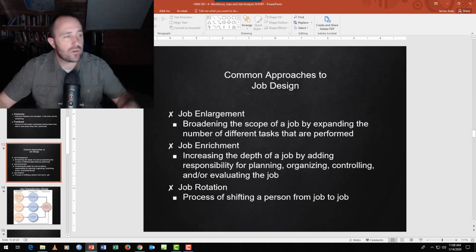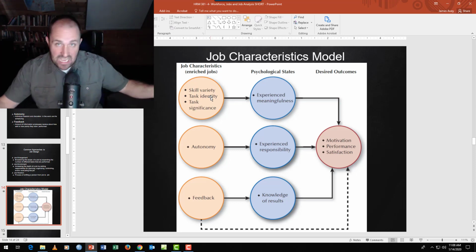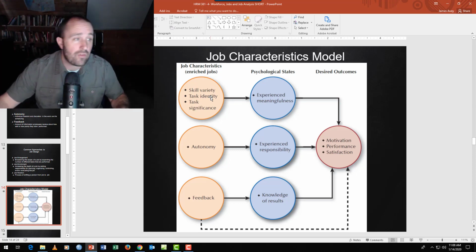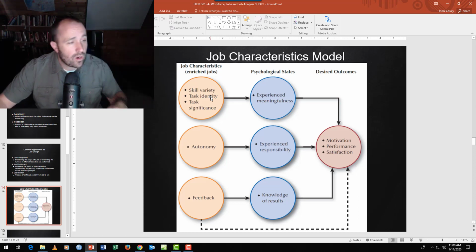We rotate people around, and what that does is enhance skill variety. It means they have to learn different things, use their brain, do different things. It enhances maybe a little bit of task identity, meaning I get to see a lot more of the whole job. And maybe when the fry guy finally gets to work the drive-through window, maybe his task significance goes up.